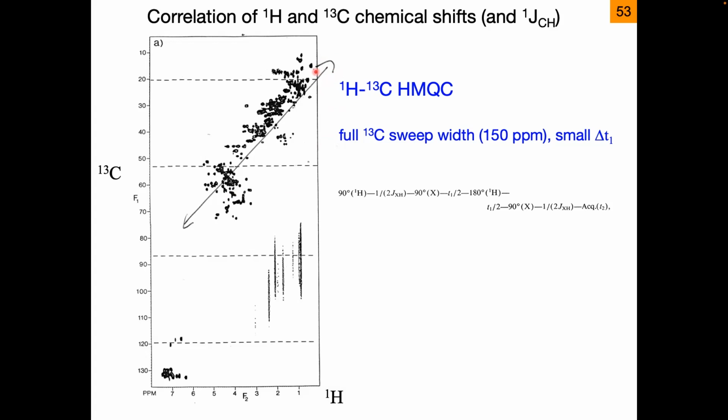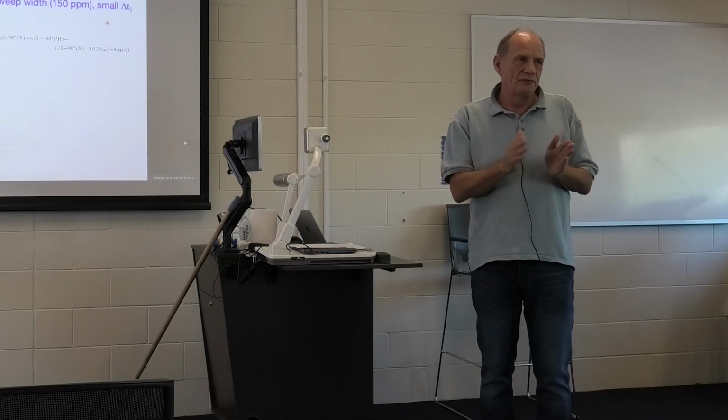But now, there is this problem that this spectral range is so wide. And if you want to sample all this, you need a large sweep width in principle. Maybe here it's 150 ppm. And a large sweep width means you need to have small increments. The sweep width in Hertz is 1 over the dwell time. So if I want to cover this, I need to make small increments.